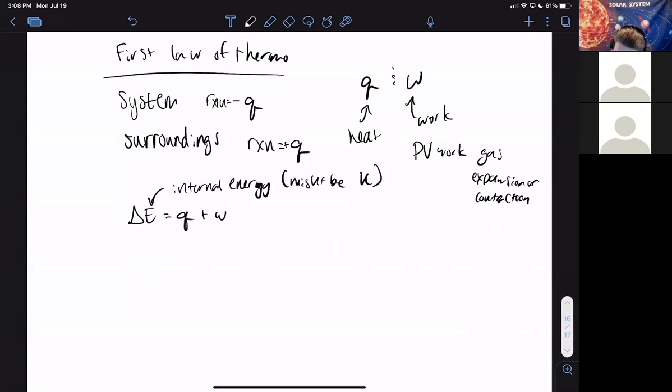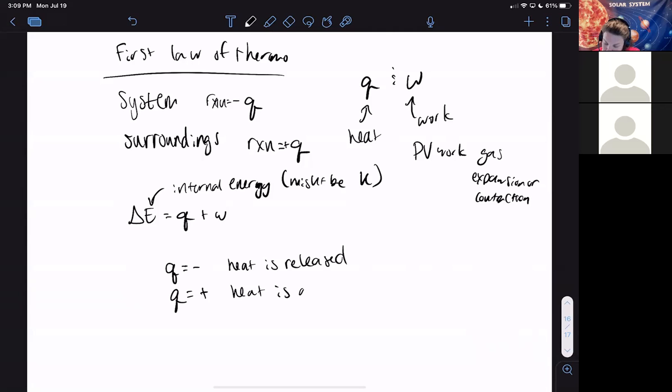If Q is negative, that means heat is released from whatever we're looking at. If Q is negative for our system, then heat is released by a reaction. If Q is negative for the surroundings, then heat was absorbed by our reaction, which would make it positive. So a positive Q means heat is absorbed.